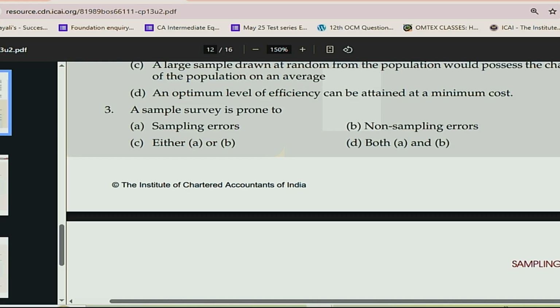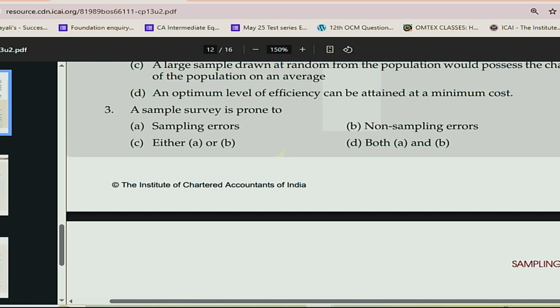Any other meaning of prone? Likely to suffer from something or to do something bad.